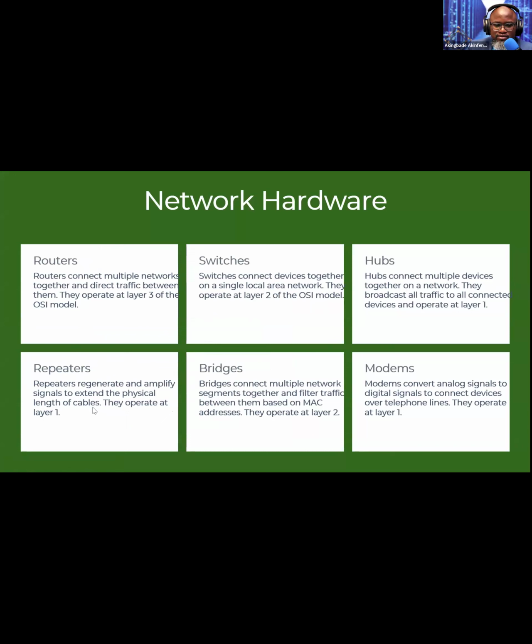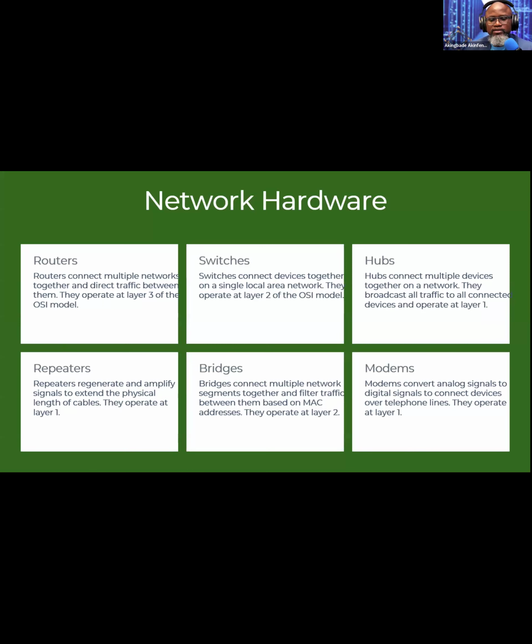Repeaters regenerate and amplify signals. Some of you will notice if you are using a service provider like T-Mobile, they will give you a repeater to boost the strength of your network. Sometimes some devices can play multiple roles, especially nowadays, right? So, bottom line, ladies and gentlemen, just have an idea that these are some of those things that people set up at the back end in general.